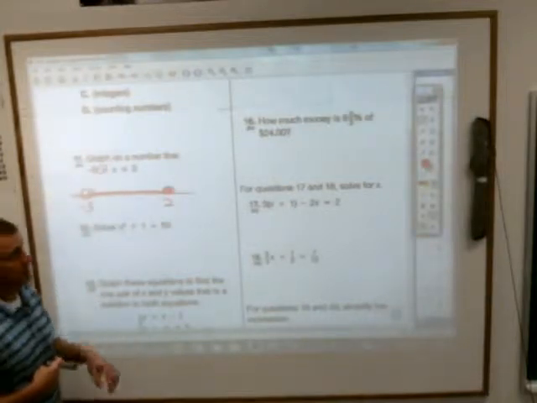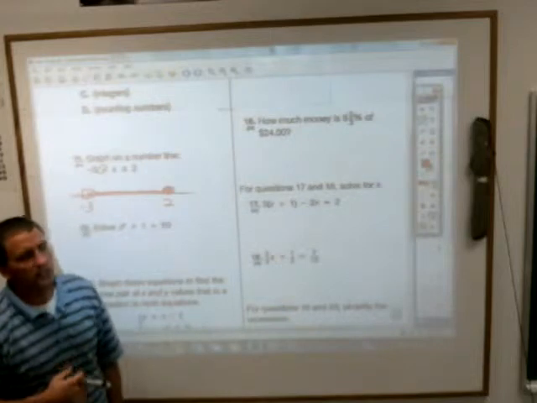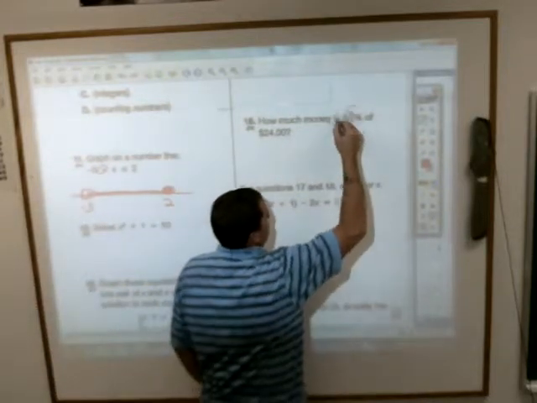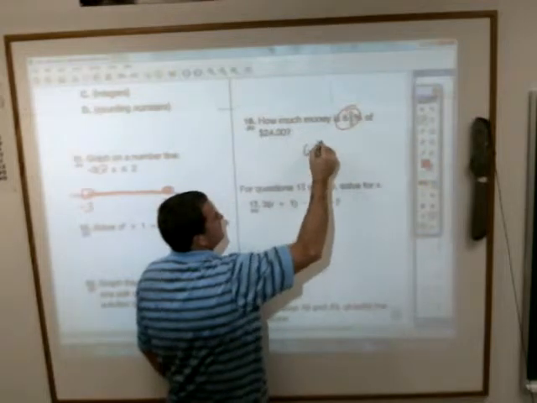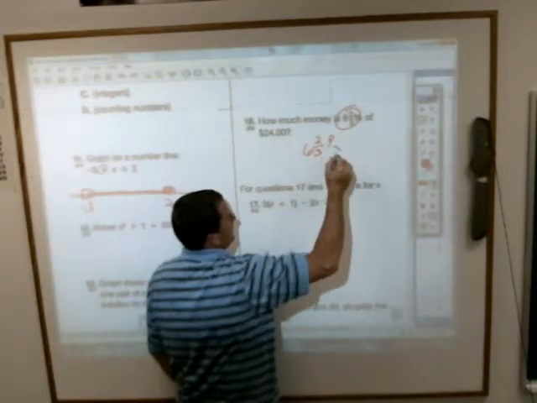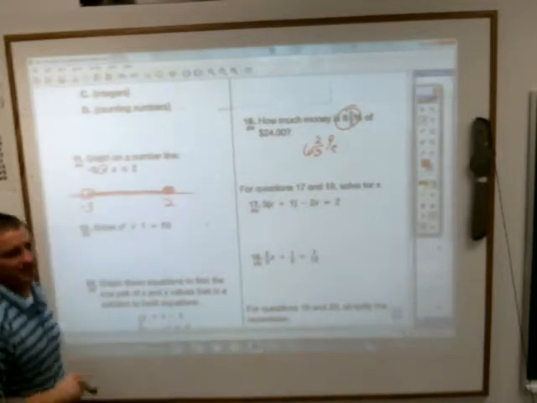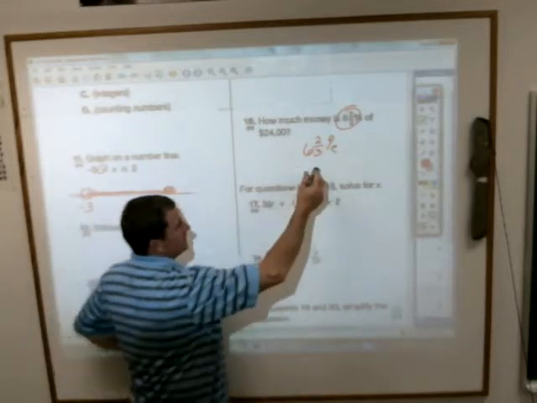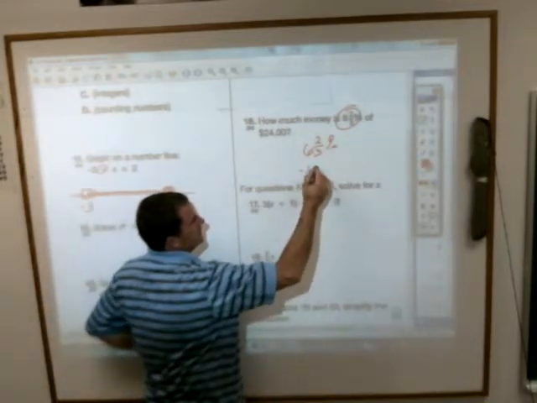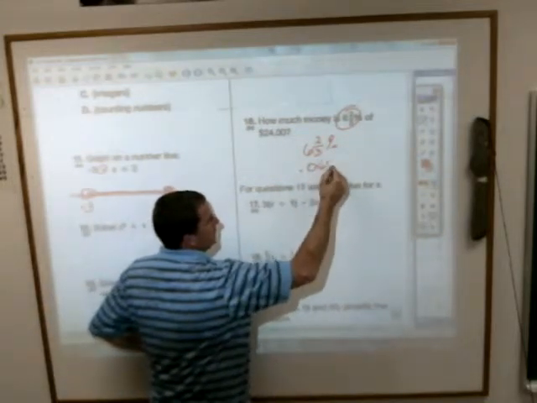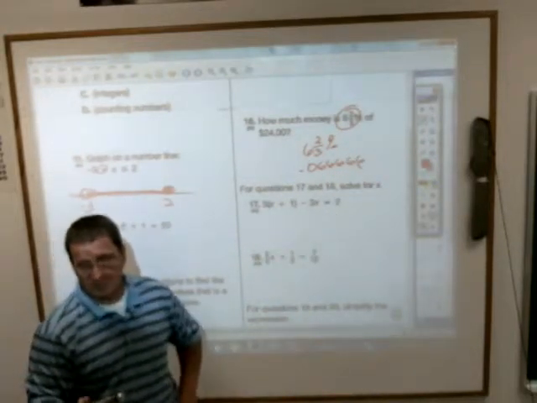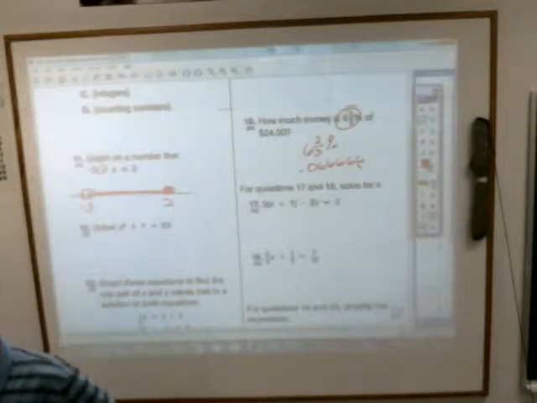Now, speaking of that, number 16, children, I don't care if you got it right or wrong, I'm going to help you out here. Because we haven't talked about this. I have 6 2/3%. Okay? How do I change that to a workable number? In other words, it doesn't work. You can't really change it to a decimal because as a decimal it is 0.06 repeater, and you can't really work with repeaters because how do you multiply something by repeating 6?